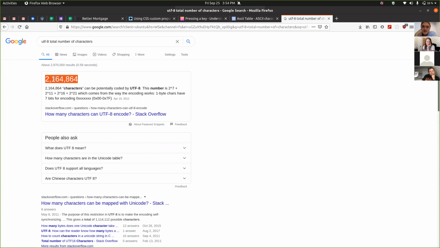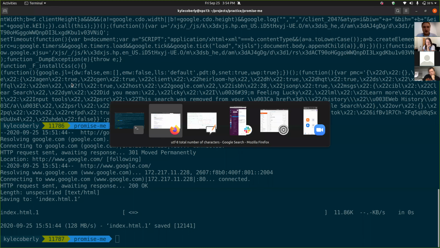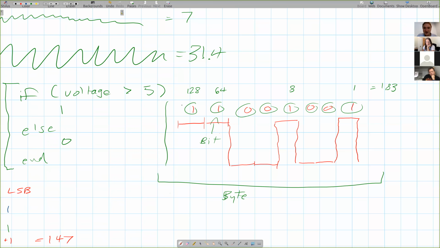Also a good guess. 8 different languages? Nope. 8 bytes per character. Every single character in UTF-8 is represented by 8 bytes. So it's looking for 8 of these to come through to identify every single character.